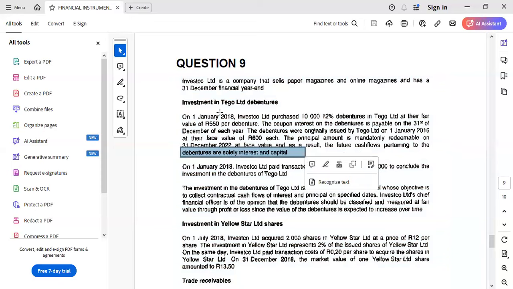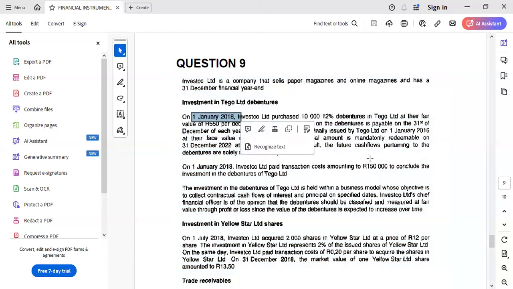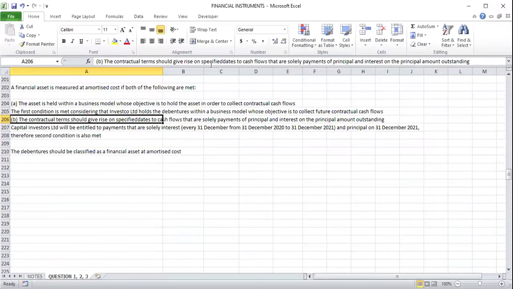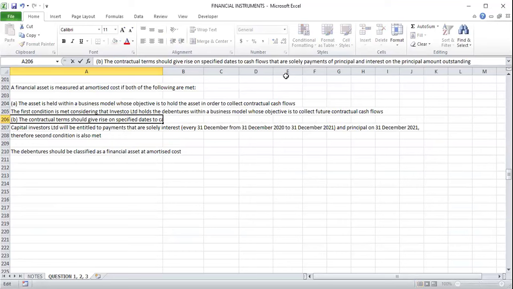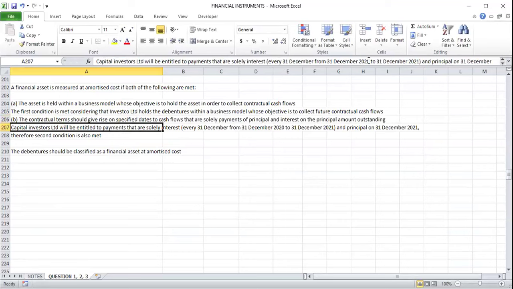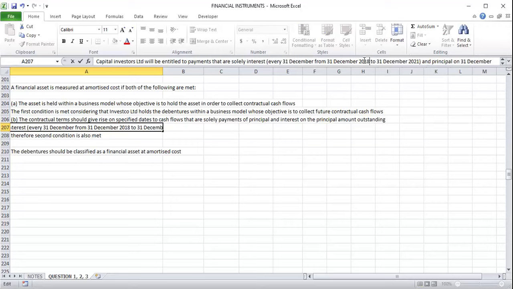They were acquired on 1 January 2018, and they will be redeemed on 31 December 2022. So that is every 31 December, starting from 31 December 2018, up to 31 December 2022.